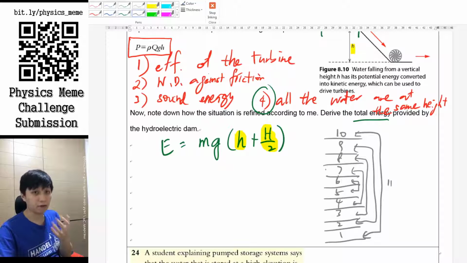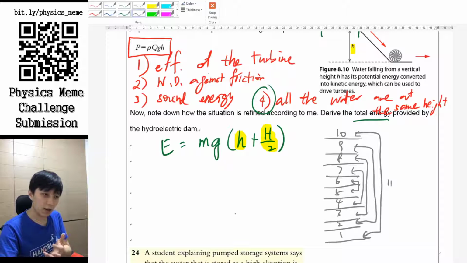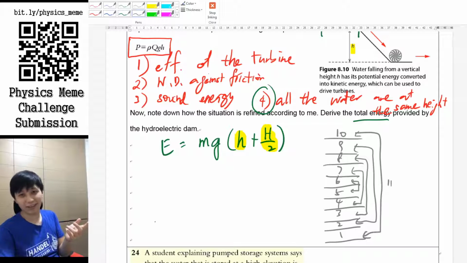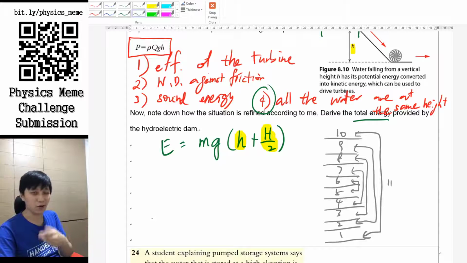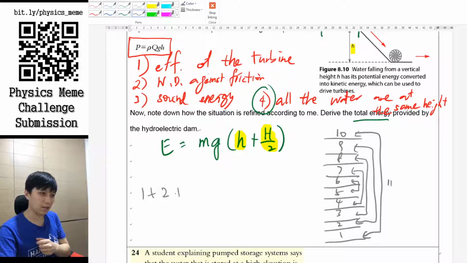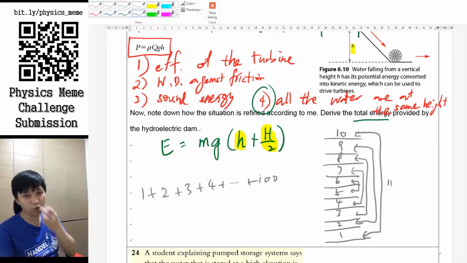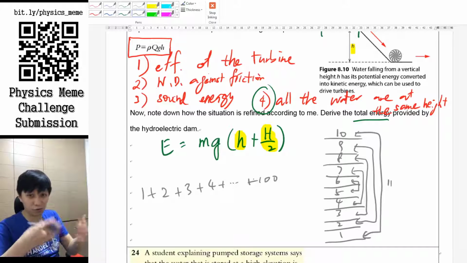Gauss, the very famous mathematician, when he was a primary student, his math teacher was very lazy, so he didn't want to teach anything. So that day his teacher just wrote on the whiteboard, I want you guys to calculate 1 plus 2 plus 3 plus 4 all the way up to 100. And of course, what that teacher is expecting is, since they are primary students, they will just do it manually.